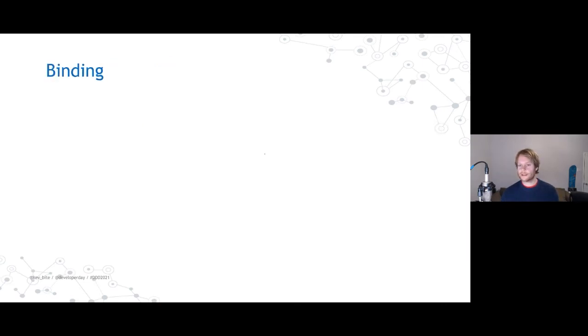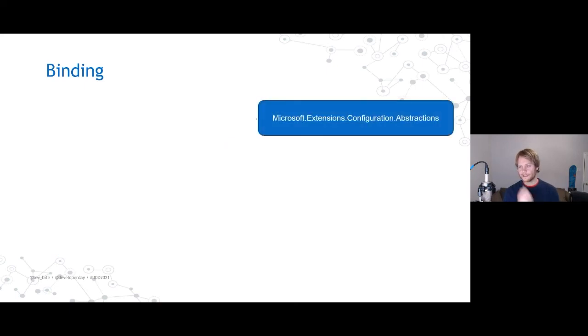So this is where binding comes into play. The binding package is actually implemented on top of the abstractions. When we first started this talk, we said that there's a Microsoft.Extensions.Configuration implementation of the abstractions, and the binding framework is only an implementation on top of the abstraction.